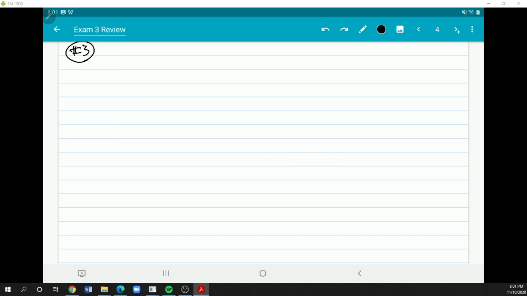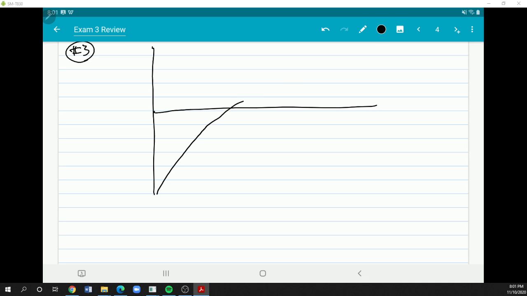So if we draw minus 3 over x plus 1, this thing is equal to 0 at 3. We're going to get something that looks a little bit like that.